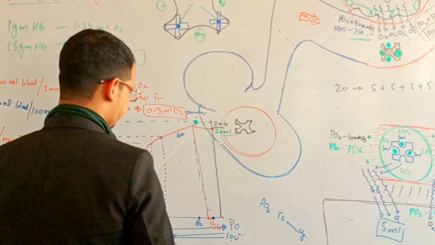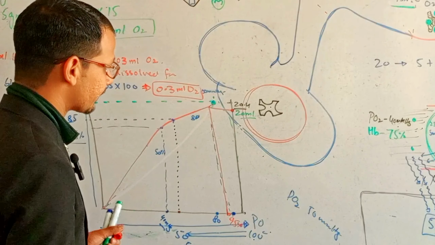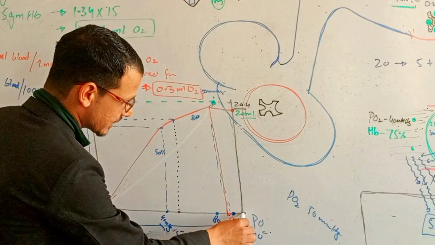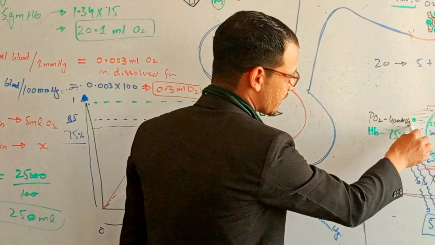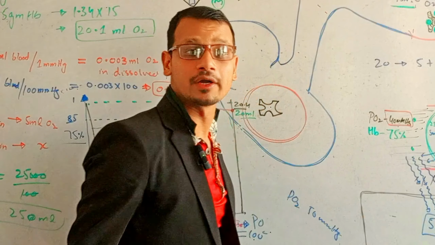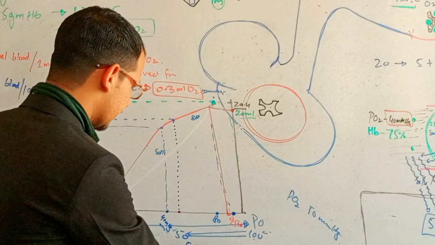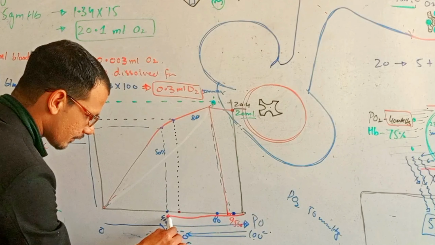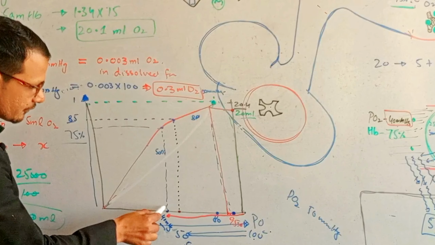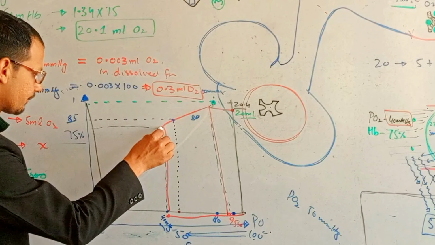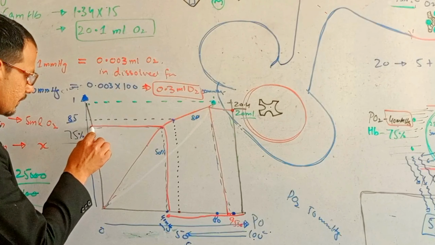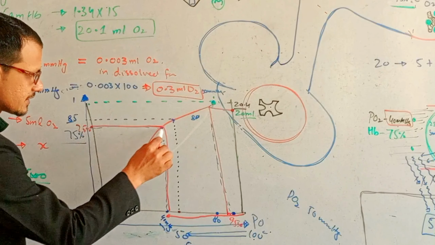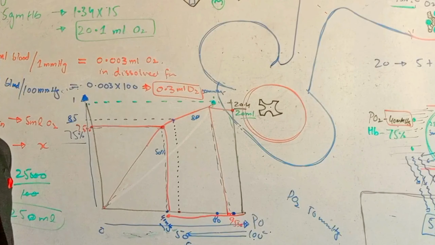So here, for example, the partial pressure drops to 40 mm of Hg. At 40 mm of Hg, the saturation is 75%, right?